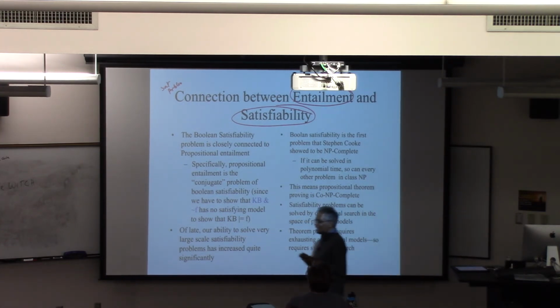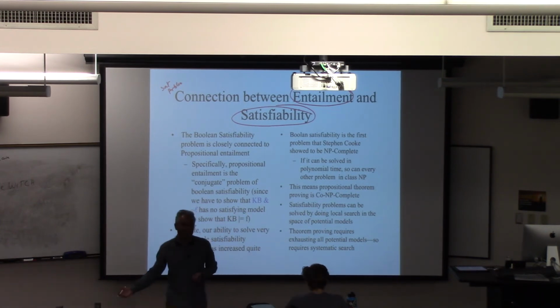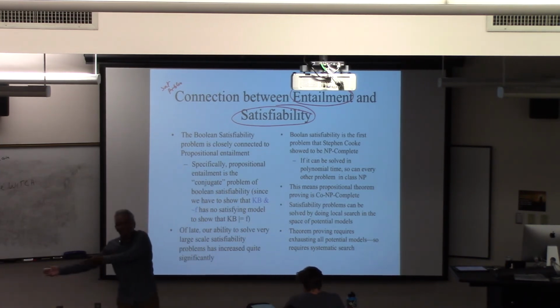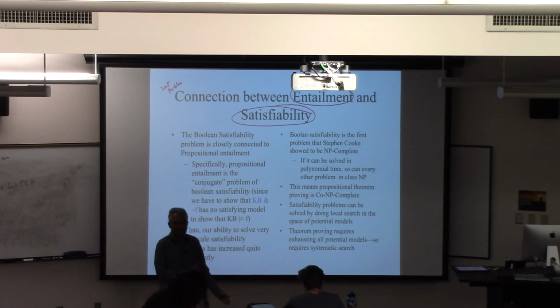One is, given a bunch of logical constraints, is there a model that satisfies all the constraints? The other is, given a bunch of constraints, can you write this as a constraint that will always hold whenever these other constraints are there? Do people understand what I just said? This is the yin and yang of logic.